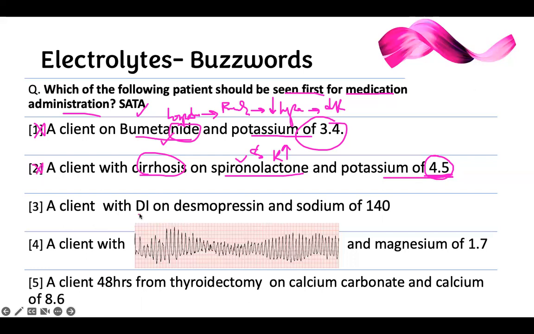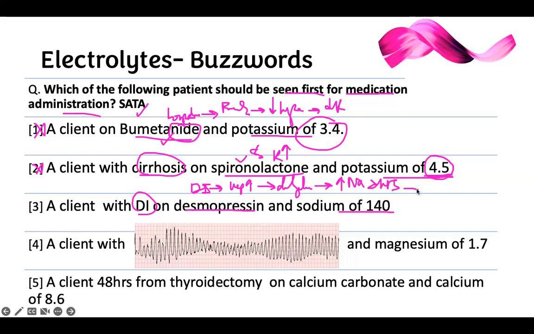A client with diabetes insipidus on desmopressin and a sodium of 140. Ask yourself, what is DI? DI is when you pee a lot of water, they cannot absorb water, and they have no ADH. And what happens to a DI patient? They're losing their water, so urine output is high, therefore they get dehydrated and their serum sodium shoots up, greater than 145.